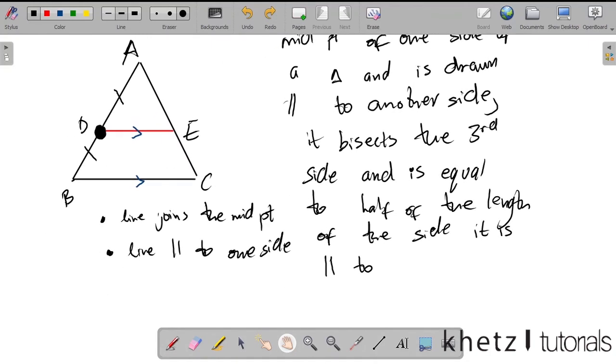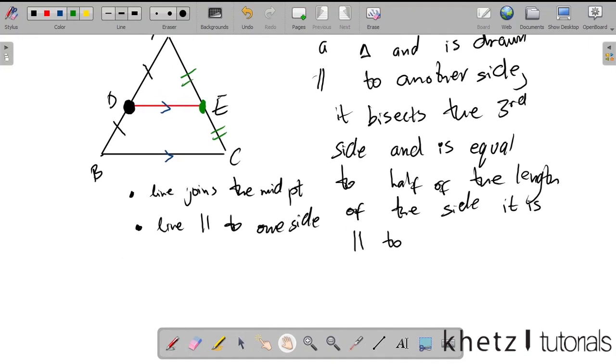And that information is going to lead to the conclusion that it bisects the third side, which is this side, which means it also cuts at the midpoint of the third side, and it is equal to half of the length of the side it's parallel to.